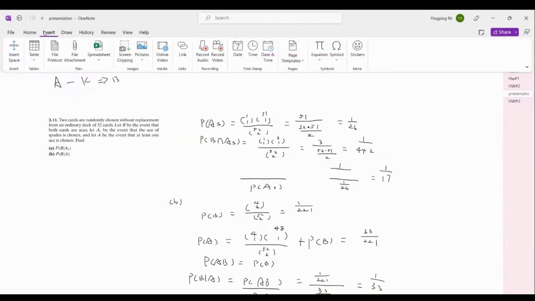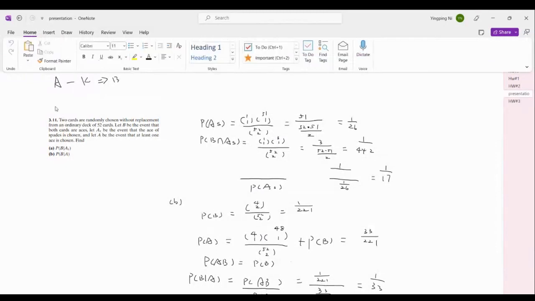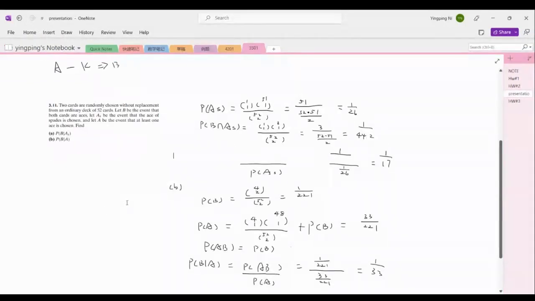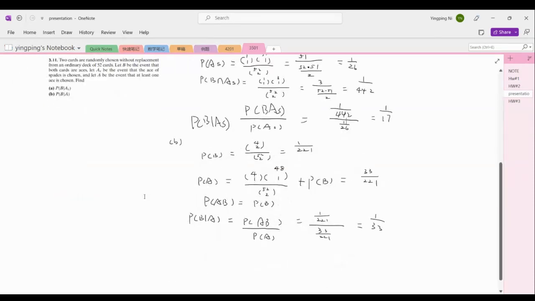What is the numerator? Oh, 1 over 26. Oh, hold on.